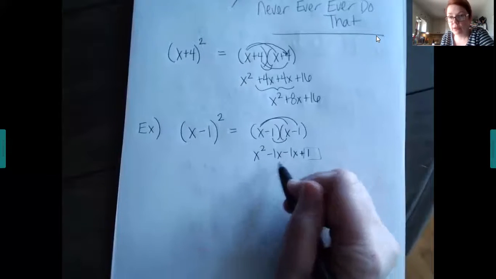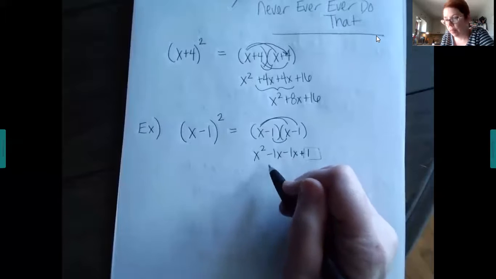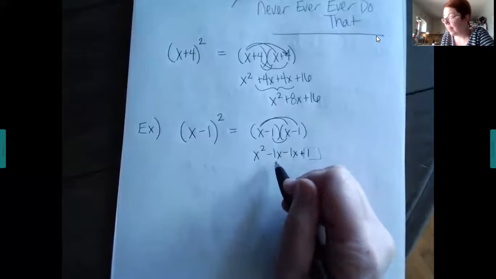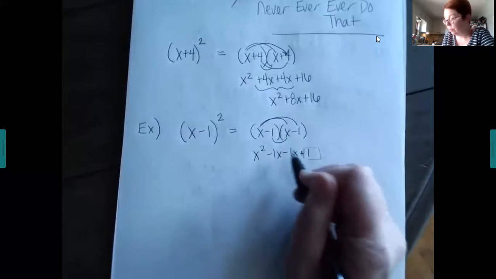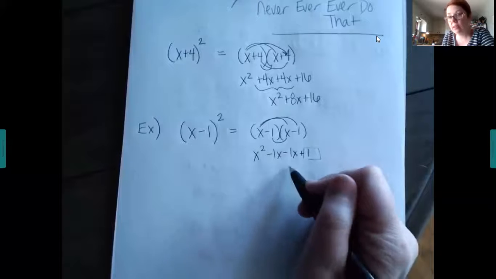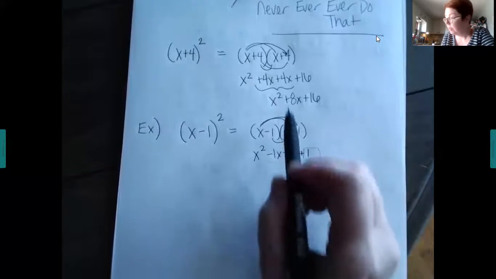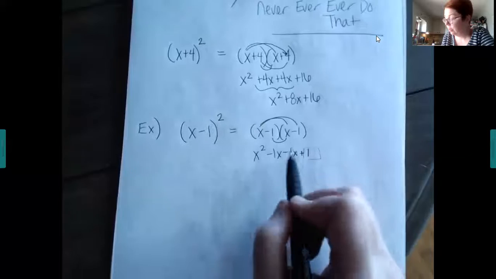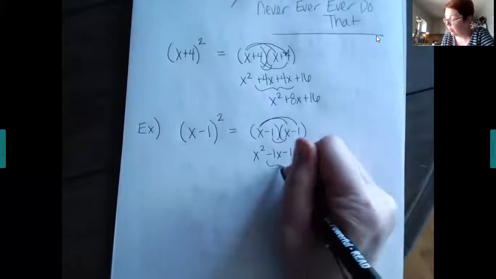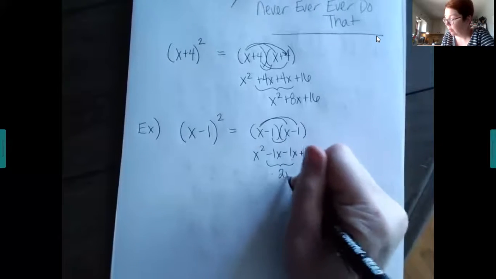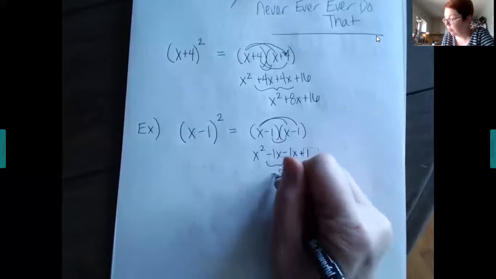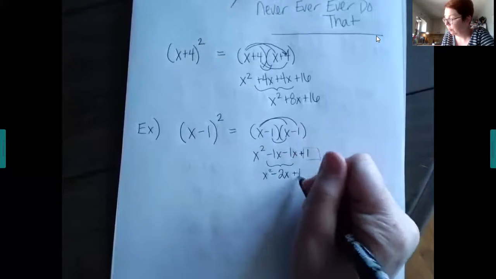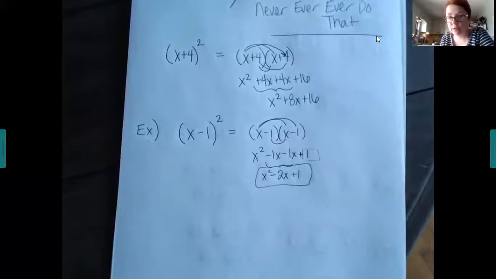These are like terms, and they have the same sign. Sometimes we look at this and think it cancels out. No. Same sign, add it, keep the same sign. That'll be your answer.